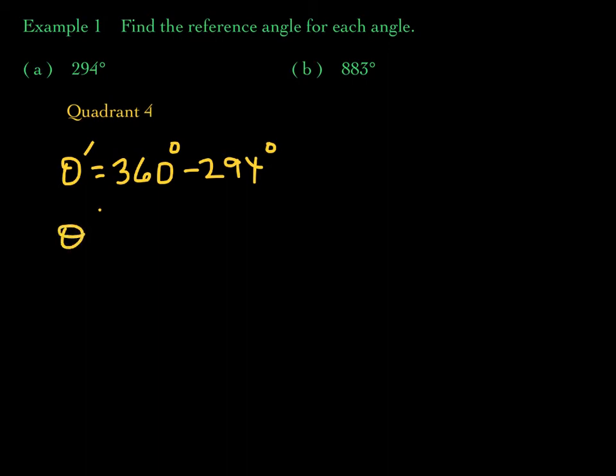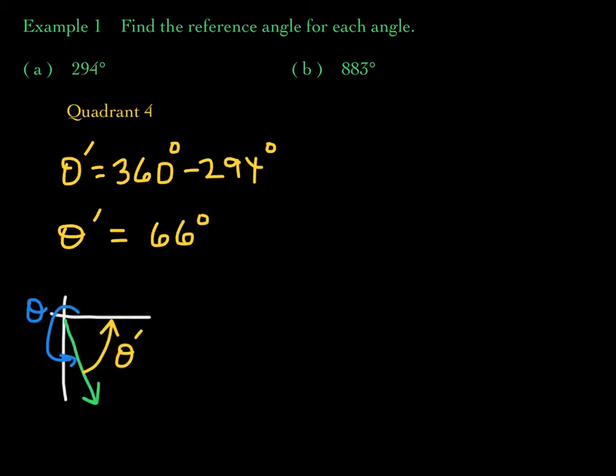Therefore, the reference angle for 294 degrees is 66 degrees. Just in case you're more of a visual learner, this is what's happening here: theta is 294 degrees in quadrant 4, and theta prime was found by subtracting 294 degrees from 360 degrees to give us 66 degrees.